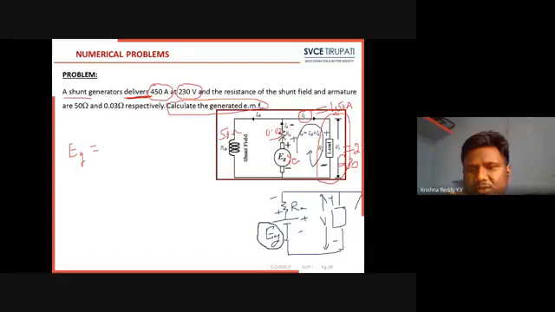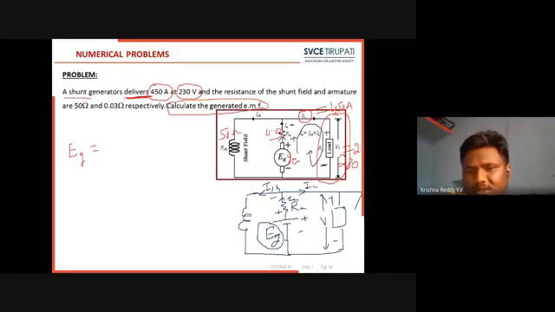Eg is equal to... Can anyone tell me the answer? Here the current flowing in this circuit is IL. Here it is IA. Because here we have one more parallel circuit, the current flowing in this circuit is ISH.